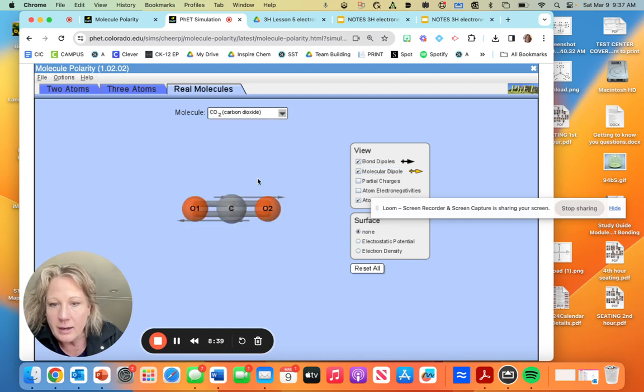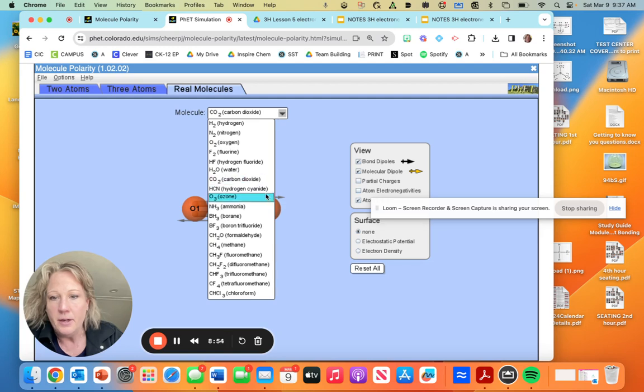Like carbon dioxide, there's no gold arrow, so this is a nonpolar molecule. Essentially those polar bonds cancel out. That's what you're going to look at, and you're going to discover things.